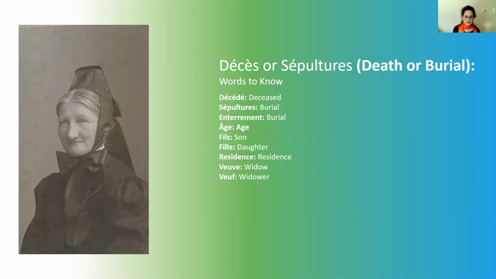Often, the name of the spouse of the deceased will be included. Not always, but a lot of times. So if their spouse survived them, it will usually give the name and their current residence. If they died previous to the individual, a lot of times the deceased spouse will be named.